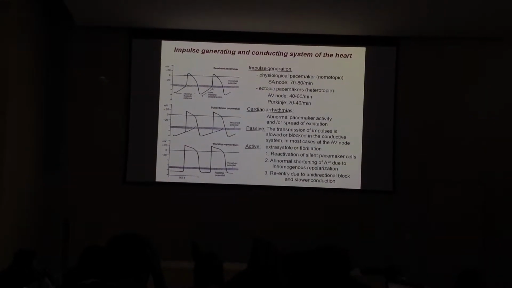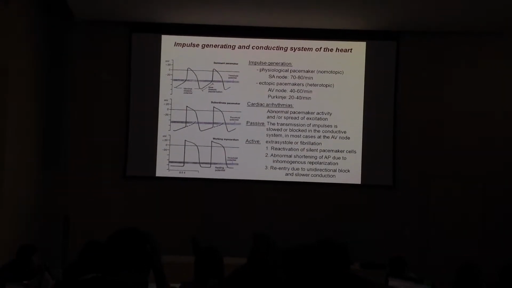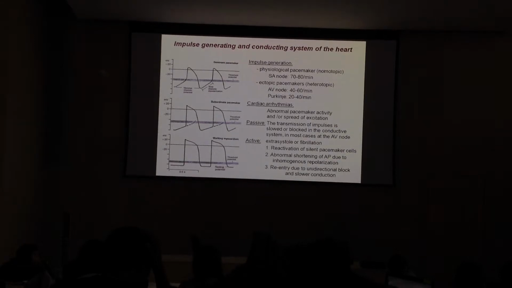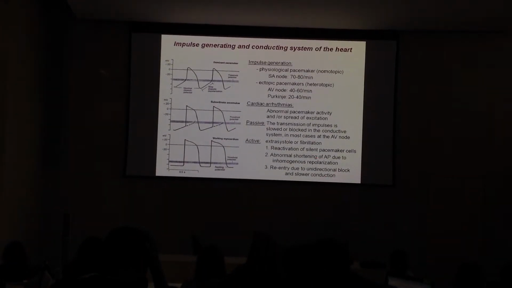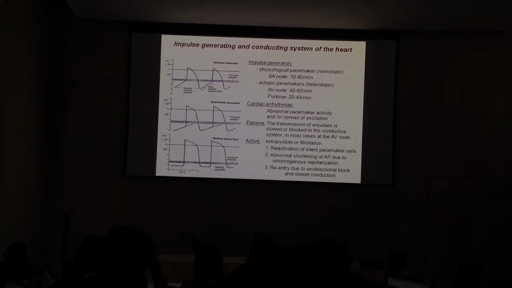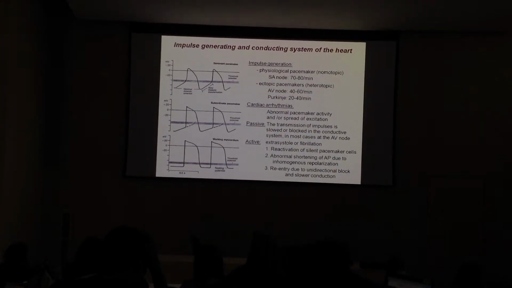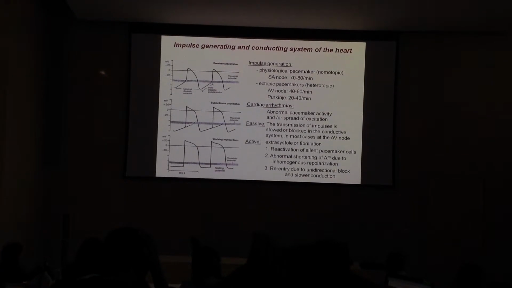Now this repolarized segment can evoke action potentials and can cause extrasystoles. If the action potential generation from the repolarized area has a high frequency, in this case fibrillation will develop.